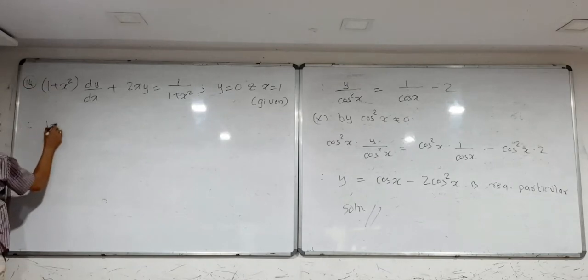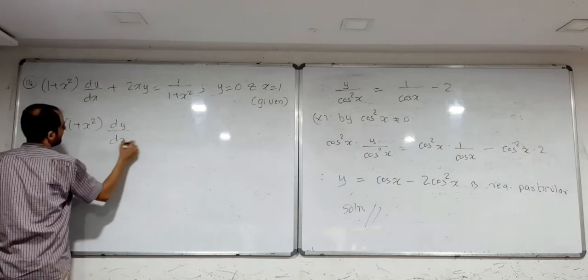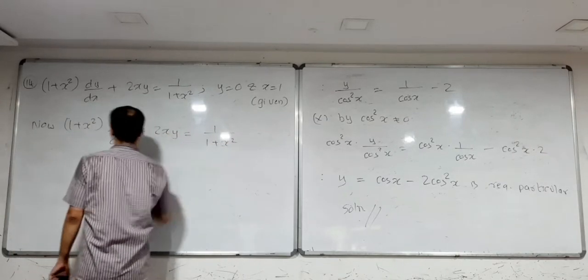Start. 1 plus x square into dy by dx plus 2xy is 1 upon 1 plus x square.